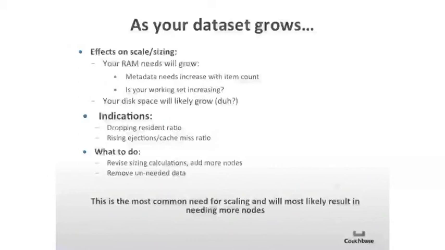And again, revising your calculations, making sure that you're using Couchbase for the data that it needs to be used for, that you're not leaving data in there that you're never going to access or that's orphaned or stale or historical or archival that you don't need our resources for. So using things like expiration, using things like periodically cleaning up data that doesn't need to be stored in Couchbase, all of that will lead to proper sizing and allow you to stay within bounds.